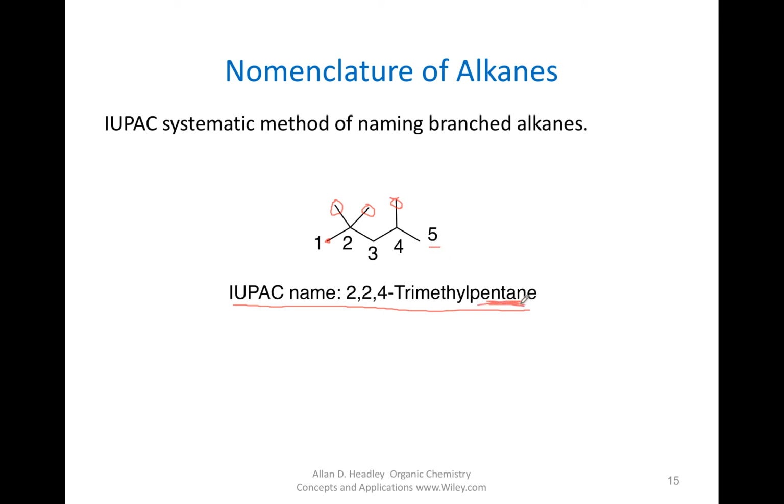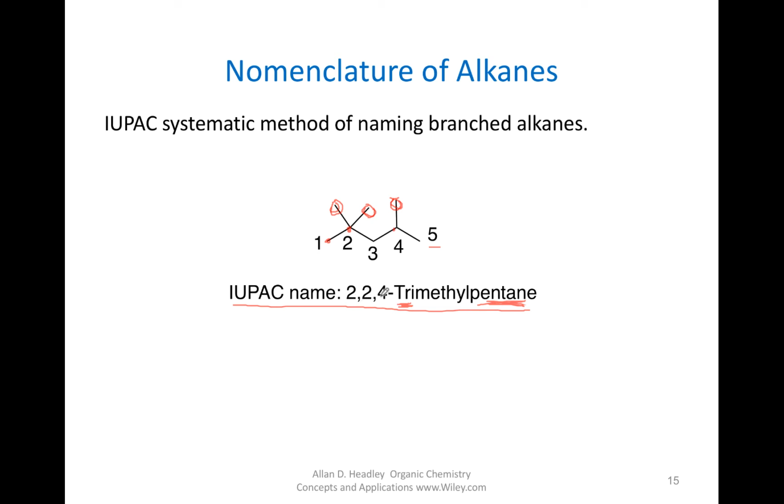Notice, not a hexane anymore, because it's 5 carbons. It's a pentane. We have 3 methyls, 1, 2, and 3. So it's a trimethyl in this case. The methyls are on carbon number 2 and carbon number 4. So it's a 2, 2, 4.